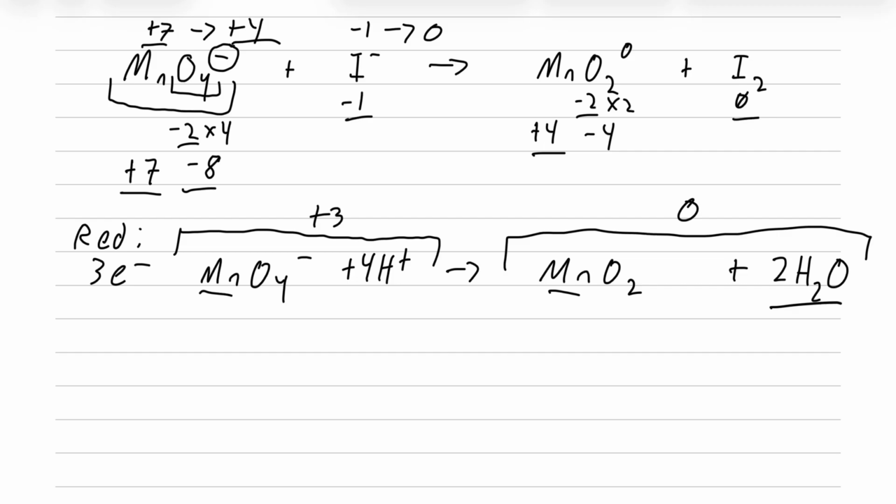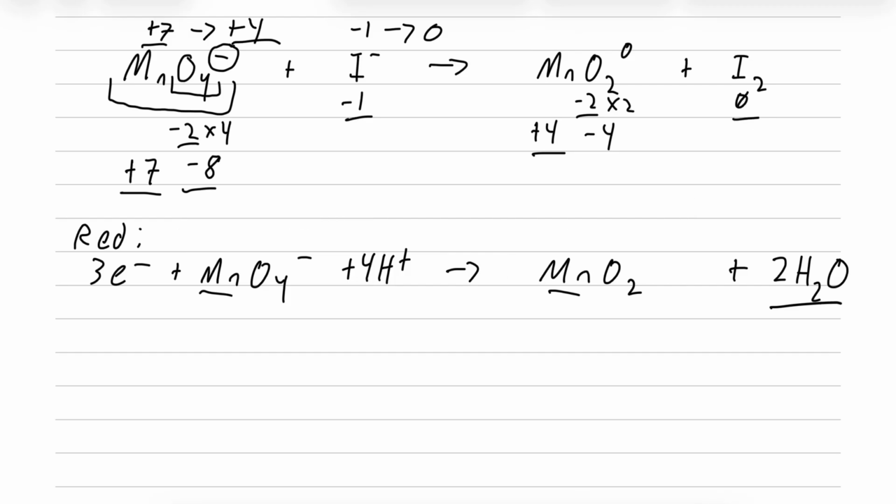So when we incorporate our 3 electrons, again, 1 electron is worth -1. So now this goes to 0, and the elements and the charge are balanced, and so the half reaction here is completely balanced, okay? Clean this up. Great.